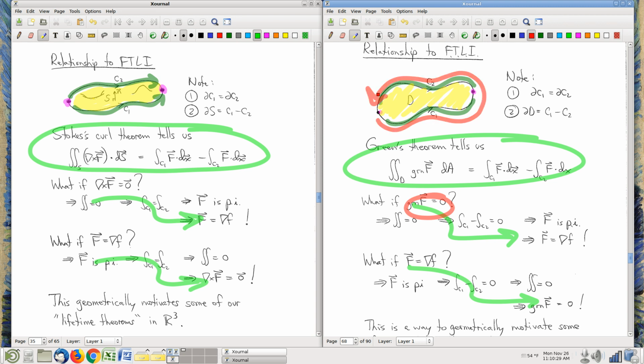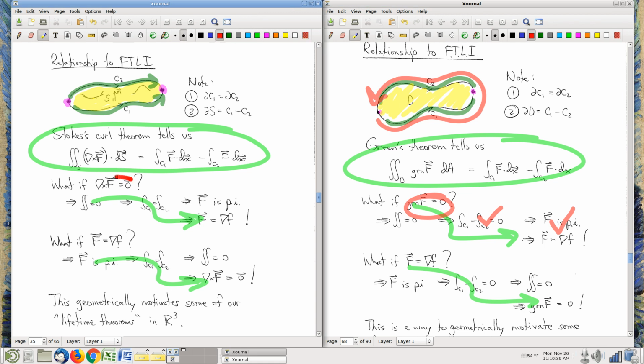And if circulation is 0, then these two line integrals are equal. That's path independence. Same deal on the other page. Curl is telling you about circulation density. It's oriented, but still, if the circulation density is the 0 vector, that means there is no circulation. That means these two line integrals are equal, and that means path independence. Again, it's really very much the same idea.